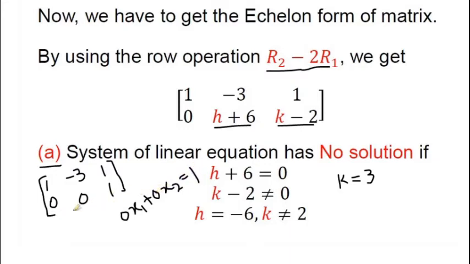So 0 equals 1, which is not possible, obviously. That's why we say that the system of linear equations has no solution if h plus 6 is equal to 0 and k minus 2 is not equal to 0.